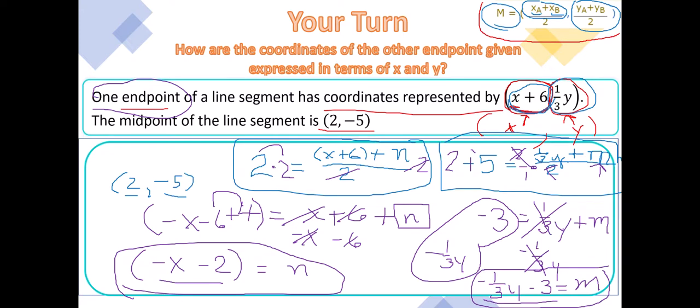So we would write it like this: negative x minus 2, comma, negative 1/3 y minus 3. Now this just takes a little more concentration, but we're basically doing the same thing that we've always done with midpoint. All right, I hope this helps.